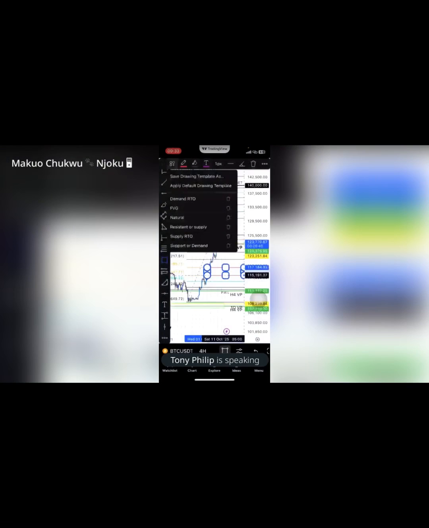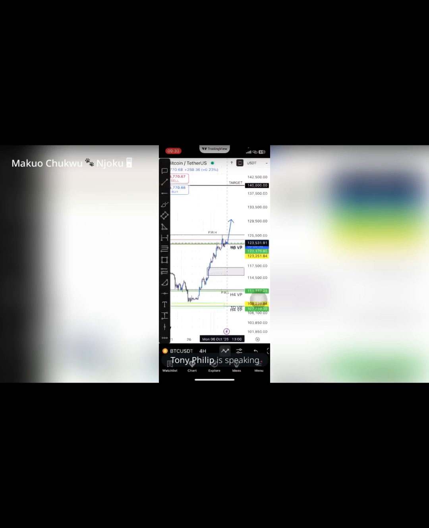Anything below it is a discounted level. So there's still a chance the market will come towards it. That's where most institutions aim for, mainly the equilibrium level. So if the market comes towards that level, you can get more buys from this level to the upside.